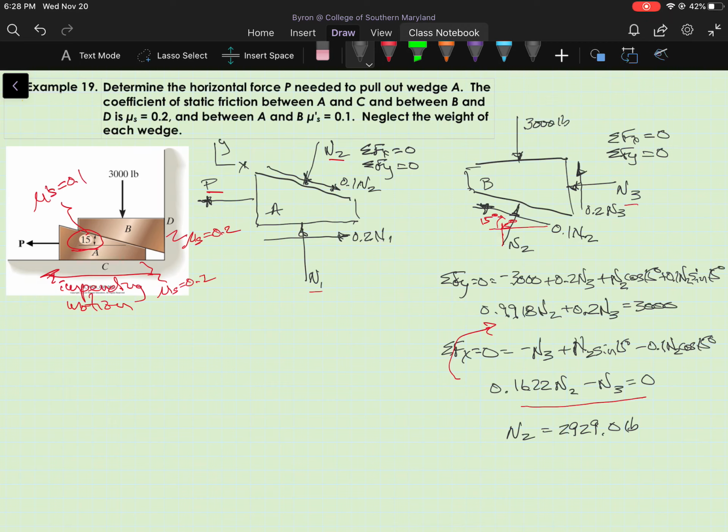So now, armed with that information about n sub 2, I'm going to go back to my first free body diagram, sum forces in the y direction. And now I'm going to start off with n sub 2 and quickly show where that 15 degrees is again. It's going to be here, and it's going to be here.